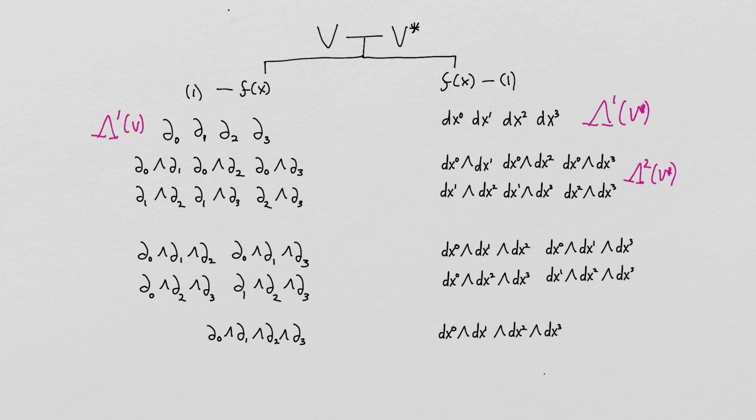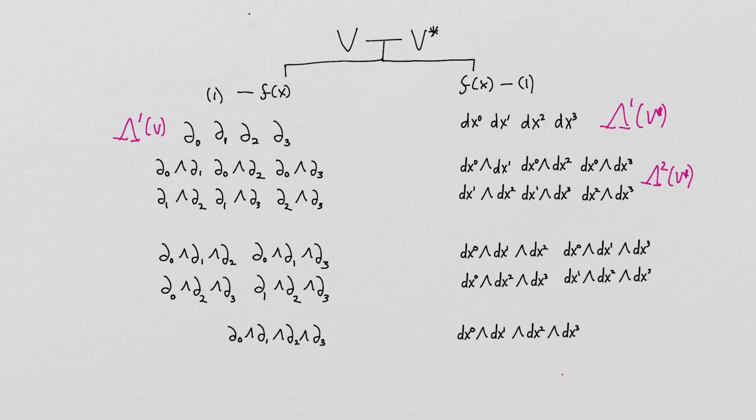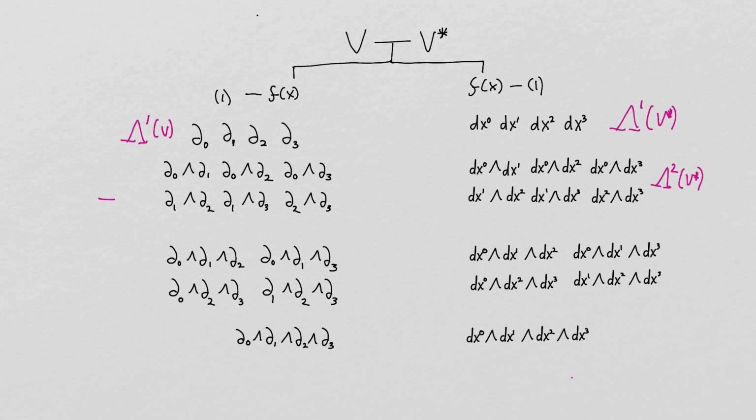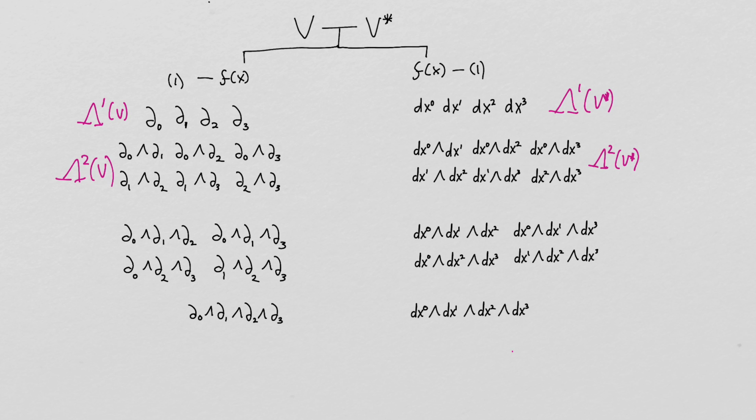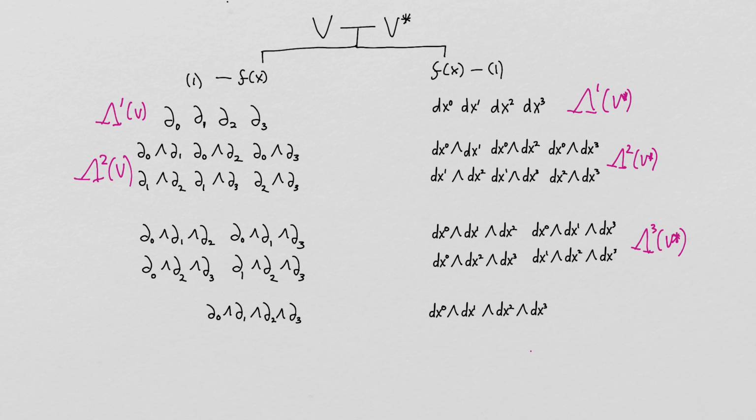And likewise, you can create wedge products of the basis vectors of the vector space, and you can create the second exterior power of the vector space. And obviously this can go to the third exterior power of the dual space and the third exterior power of the vector space and the fourth exterior power of the vector space and the fourth exterior power of the dual space.